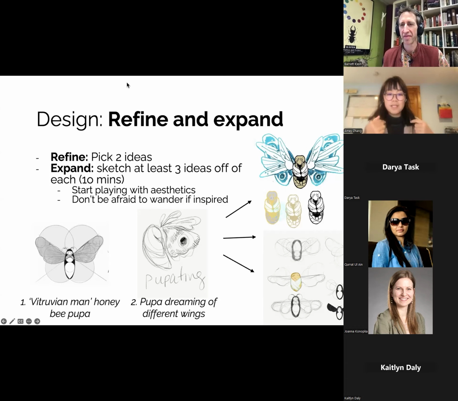When I do this for myself, I tend to pick more than 2. I'll do at least 3 ideas, and then give myself more space to not only generate variations, but to wander again. So each of these 3 ideas is a new post from which I'm starting, and I'm now entering another exploratory phase. So what do you think, 5 minutes and 12 seconds?